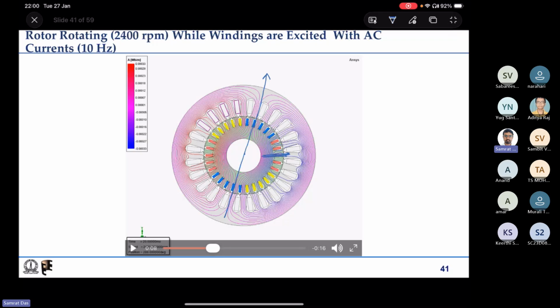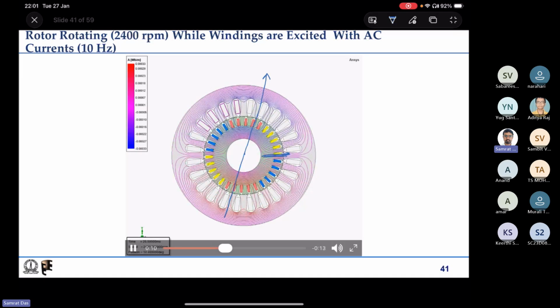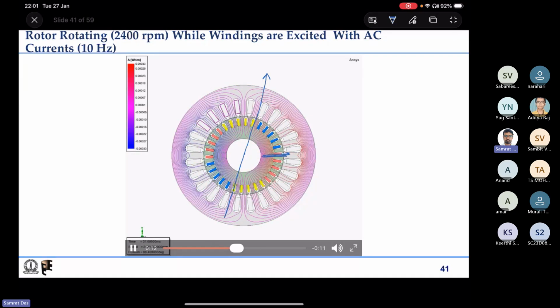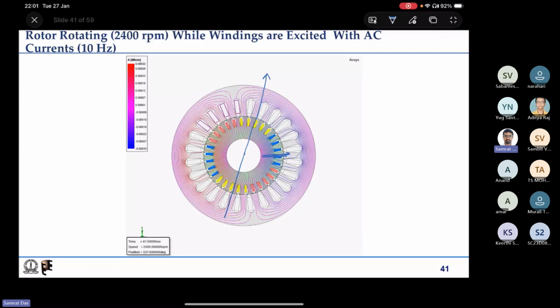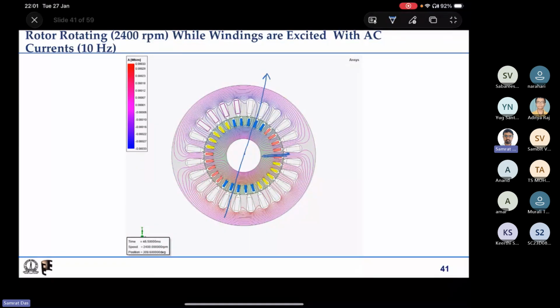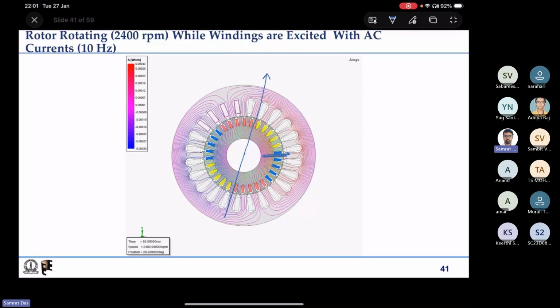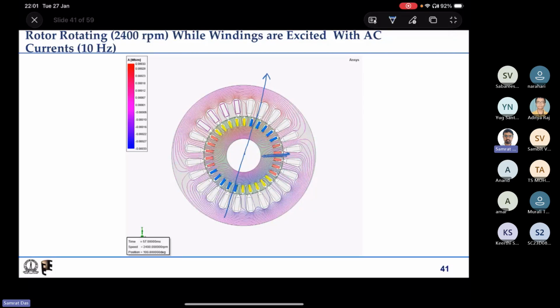But because the magnetic field has some relative motion with respect to the conductors, with respect to the rotor itself, it is moving ahead with respect to the rotor conductors. So you can see that in the earlier case of the synchronous machine, it is continuously rotating, right?